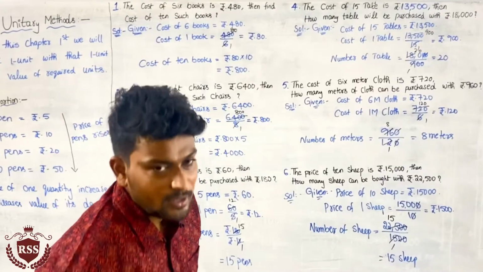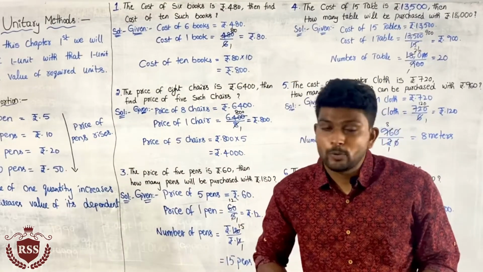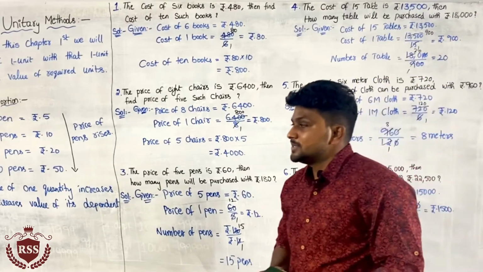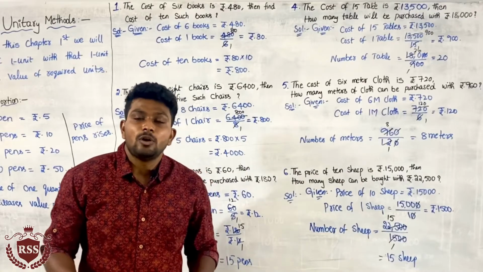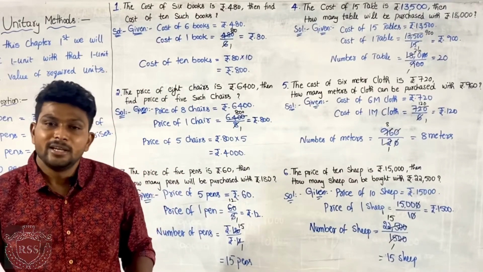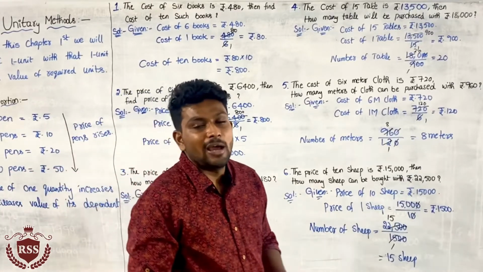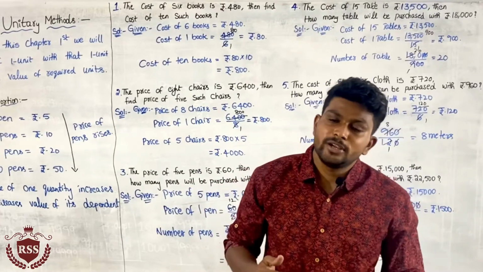Okay, these are the questions related to unitary methods, that is direct proportions. Direct proportion means that if the value of one quantity increases, the value of the dependent quantity will also increase. In the same way, if the value of one quantity decreases, the value of the other quantity also decreases.